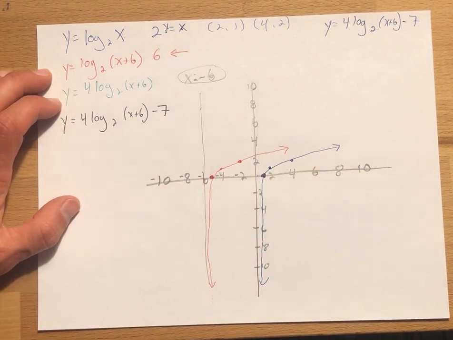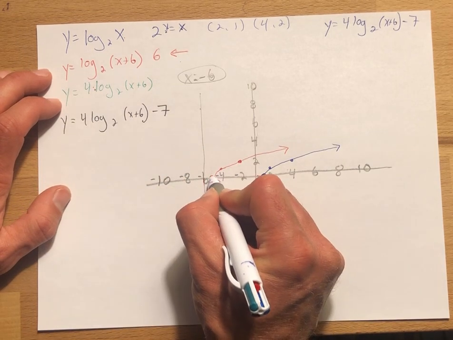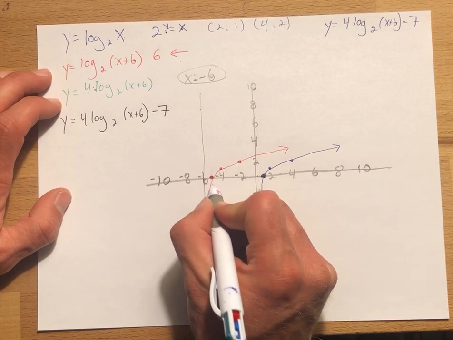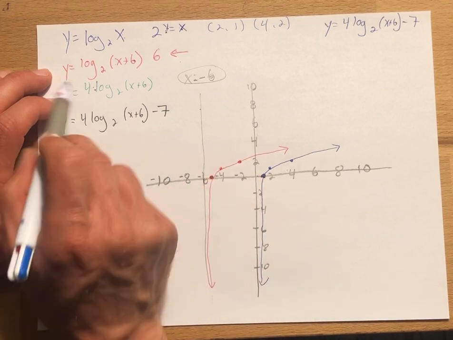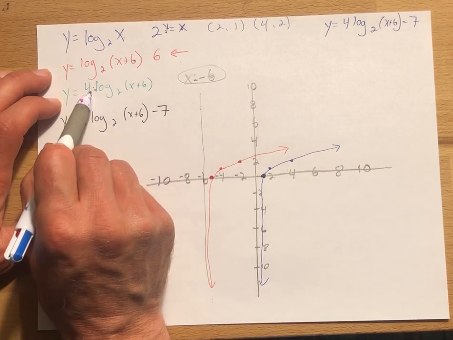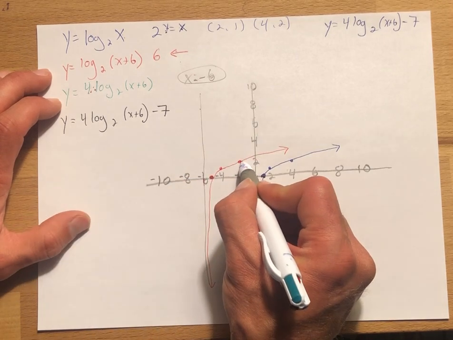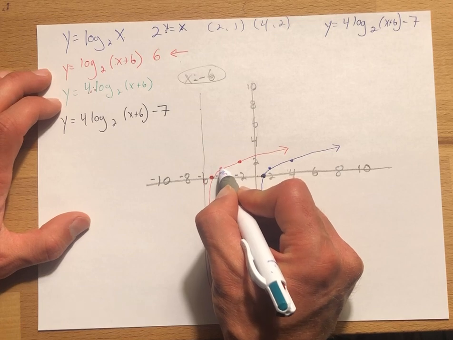All right, that's this. Now, here's my points right here. Let's just do this. If I do 4 times this value right here, because this is at 1 on my y.